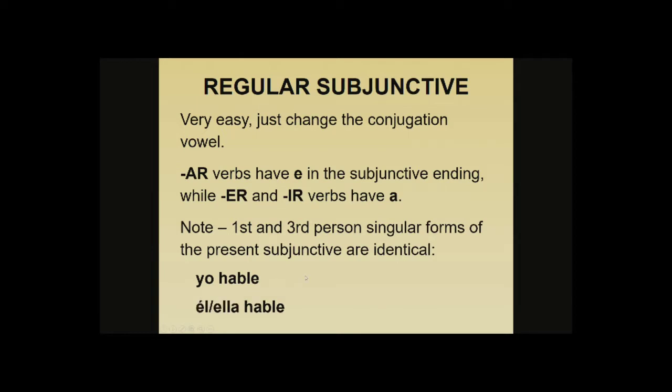So that means that the first and third person singular forms are always going to be identical in the subjunctive. So, yo hable, él, ella hable, for example. Or if you had comer, yo coma, él or ella coma.